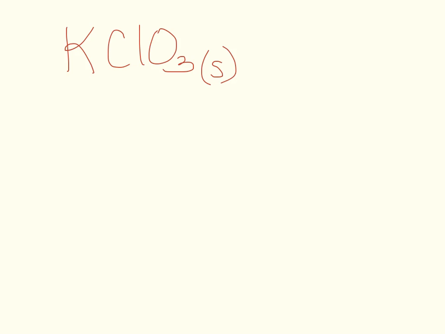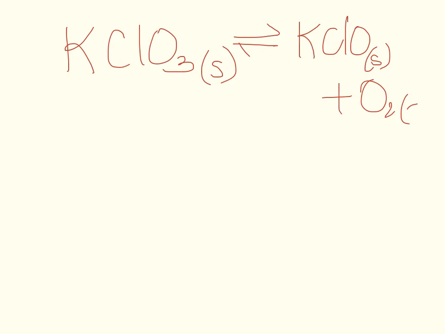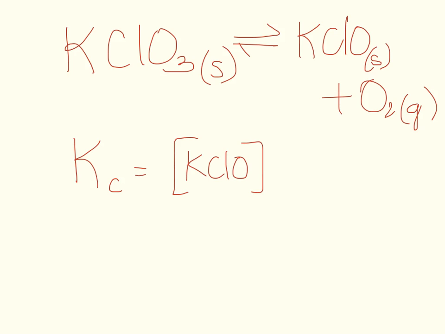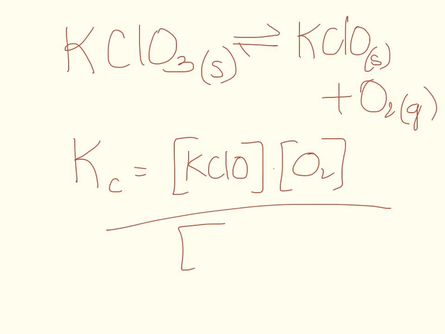In other words, we had a reaction like this, say KClO3 solid in equilibrium with KClO solid and oxygen gas. Normally, you would think that from the equation Kc would be equal to KClO concentration multiplied by O2 concentration divided by KClO3. That's what you would think. But remember, these both are solids.